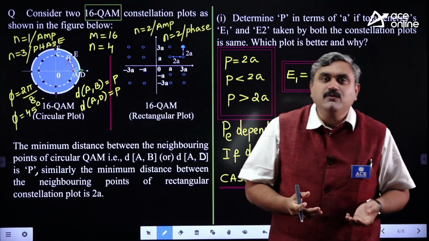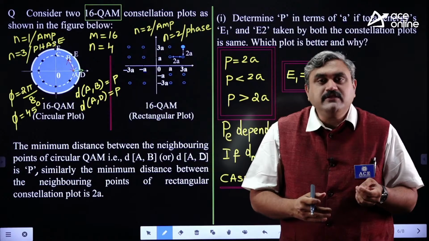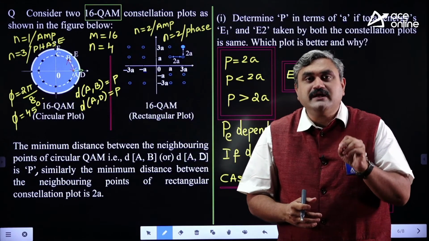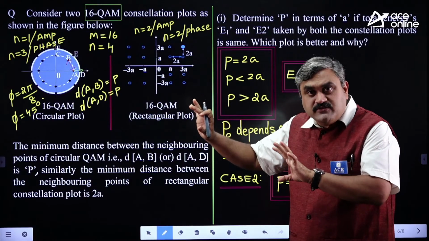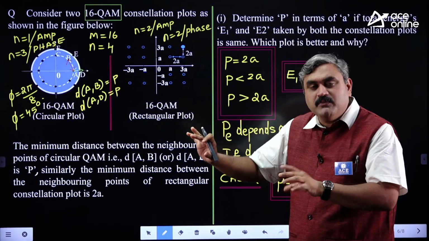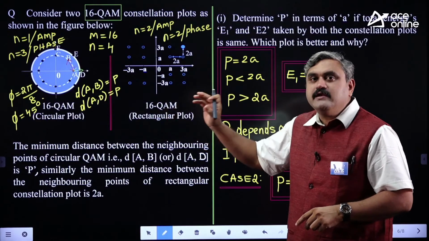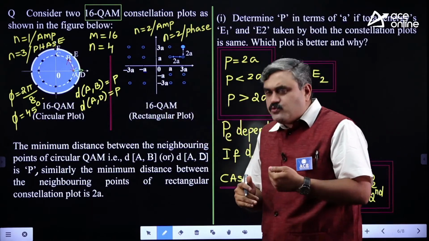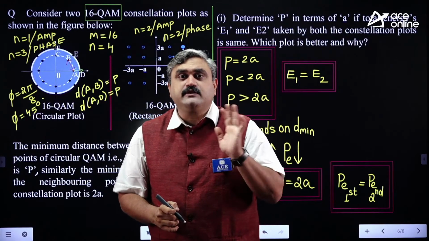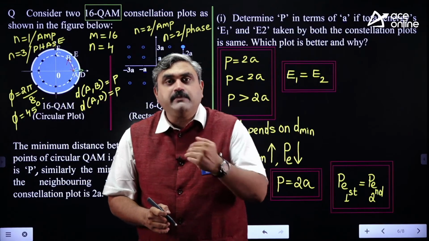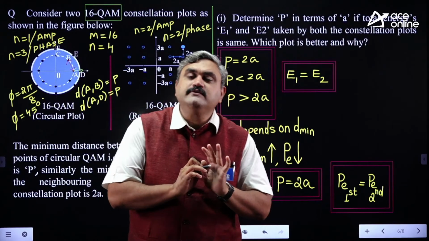So that is how you can do comparison of two different constellation plots. I have compared the same modulation scheme here, 16 QAM, but the shapes are different, rectangular and circular. Now sometimes students come to a conclusion that rectangular plots are better than circular or circular are better than rectangular. Don't make such stories.